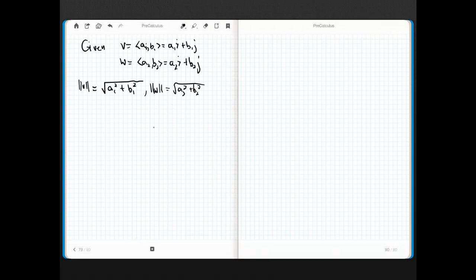That looks a little weird with all those 2's, doesn't it? How about V plus W? Well, it can be written like A1 plus A2, comma, B1 plus B2. Or it can be written as A1 plus A2, i, plus B1 plus B2, j.